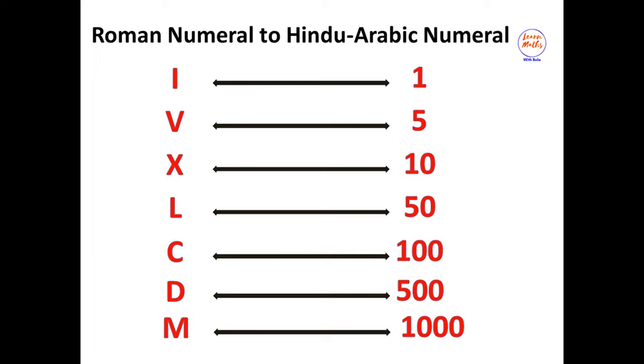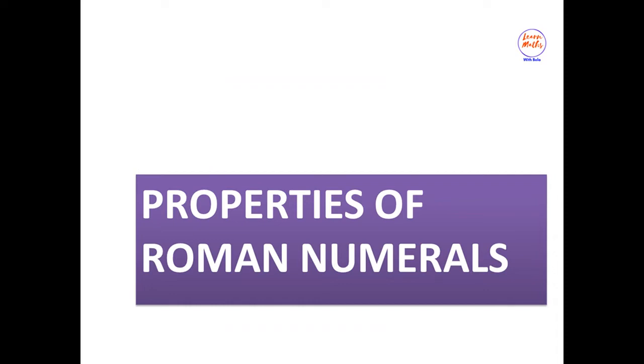This is very important in this part of our tutorial, because we'll be using it to form any other number using Roman numerals. These Roman numerals on the screen are the basic numerals that you need, and you combine them to form other numbers. So let's look at the properties of Roman numerals.